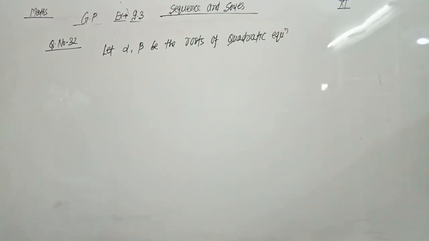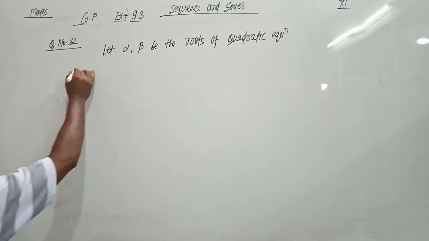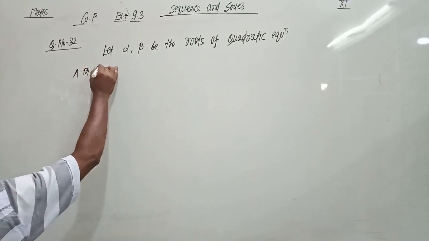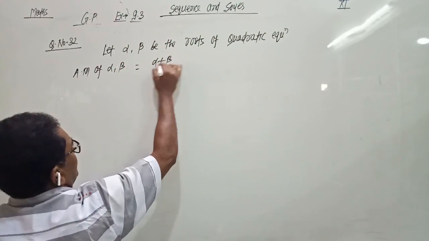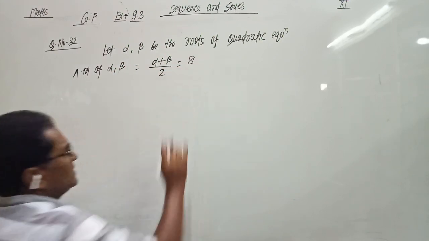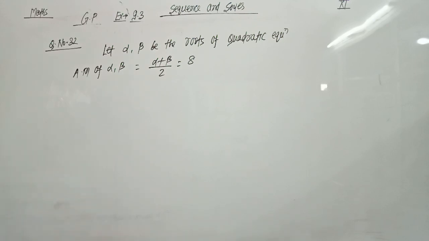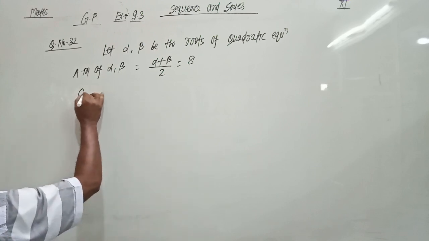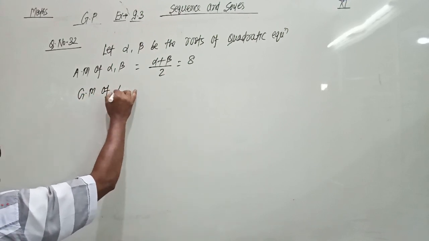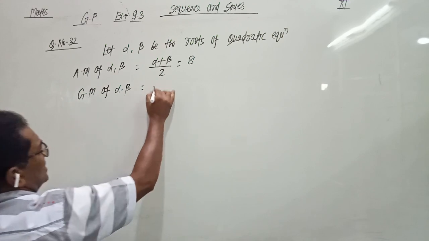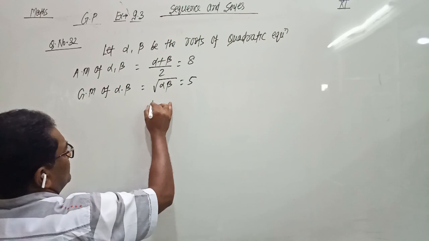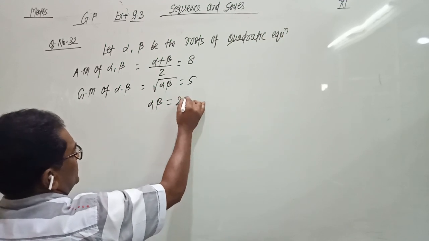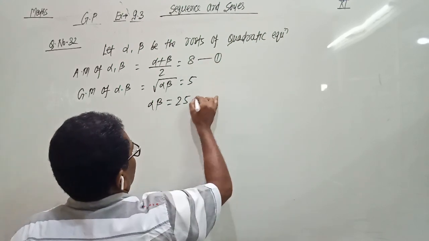Then AM of alpha and beta means alpha plus beta by 2 equals to 8. We have given the AM is 8 and GM of alpha beta, geometric mean of alpha into beta means under root of alpha beta is given 5, and squaring both sides we get alpha into beta equals to 25.